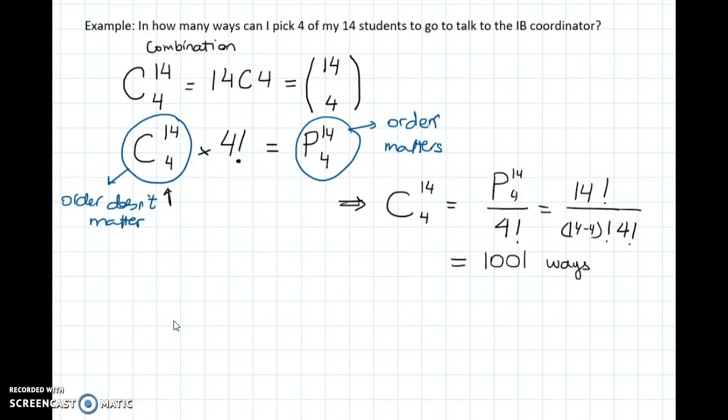And more in general, if we are talking about permutations of n objects taking r at a time, we need to find n factorial divided by n minus r factorial. And these are the permutations, and here there is order. Always remember, permutation means changing the order, so there is order there.